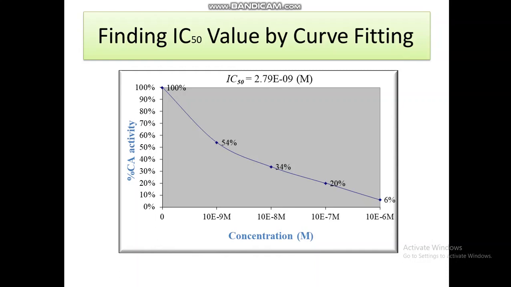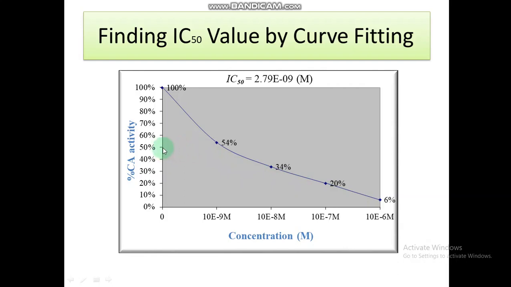I made a video 5 or 6 months ago on how we can calculate IC50 values by using GraphPad Prism, which is the direct method using nonlinear regression analysis. But here I am also going to show you that we can find the IC50 value by the curve fitting method, or we can use Microsoft Excel, connect all these data points, and make a nonlinear graph.